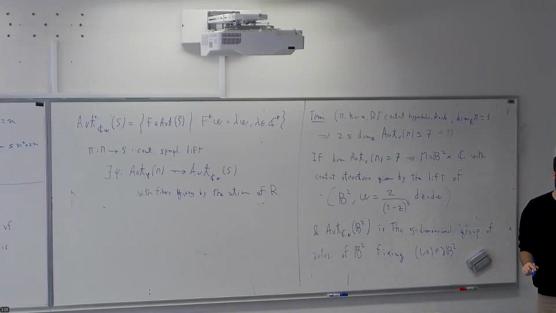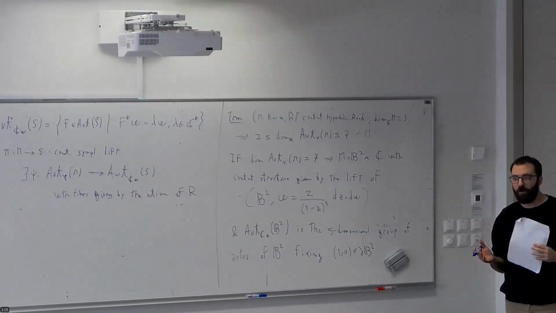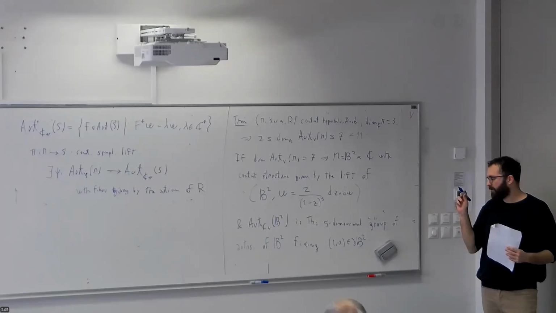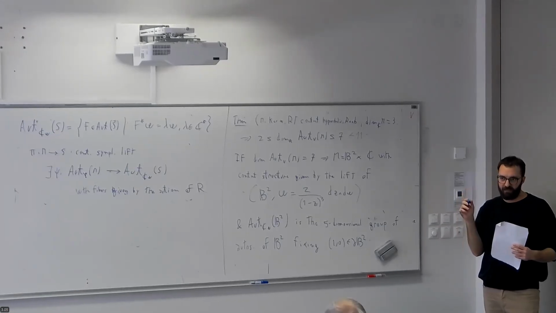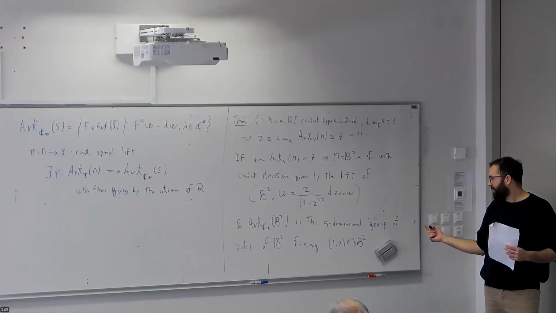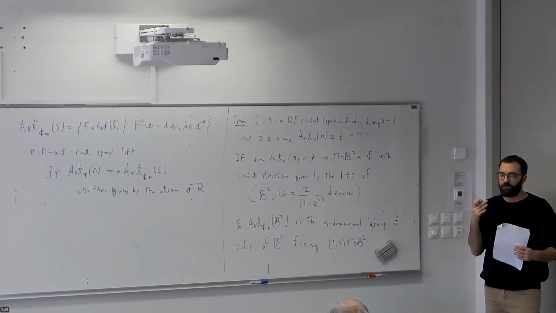So there's this deja-vu theorem that all the people in dynamics know very well, that you can classify the automorphisms of the ball based on how they behave with their fixed points. There are automorphisms of the ball which have a fixed point inside. There are automorphisms of the ball which have 2 fixed points on the boundary. And there are automorphisms of the ball which have only 1 fixed point on the boundary. And each of them, of course, has a group of stabilizers.